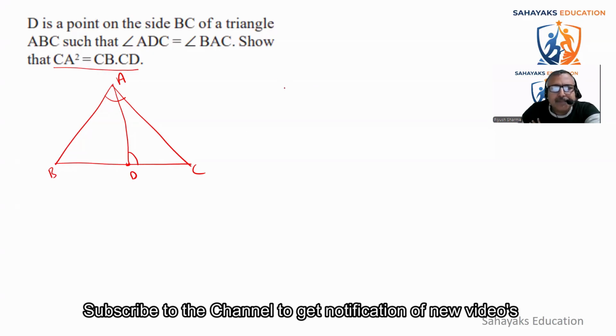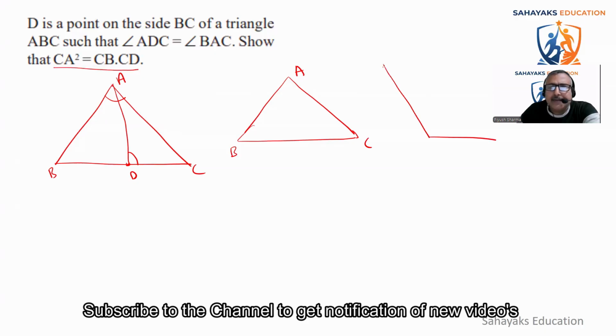So it will be A, B, C. And the other triangle where they have mentioned that the angles are the same: this is A, D, C. Okay, so this is C, this is D, and this is A. Now this angle is 1 and this angle is also 1.